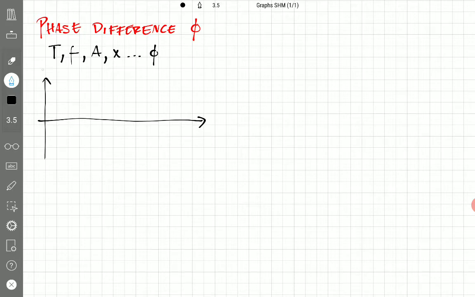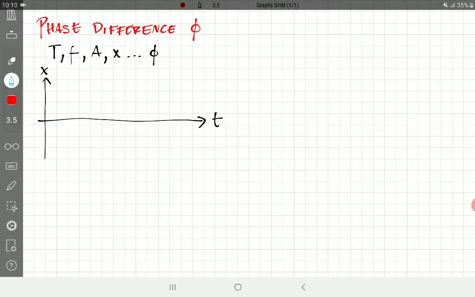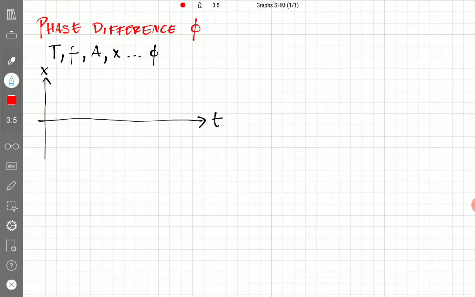It could be the same system, like a mass spring system or a pendulum, whatever you want, but then they are different because the oscillation starts in a different way, right? What we called on Friday the initial conditions. So different sets of initial conditions will give you different graphs.